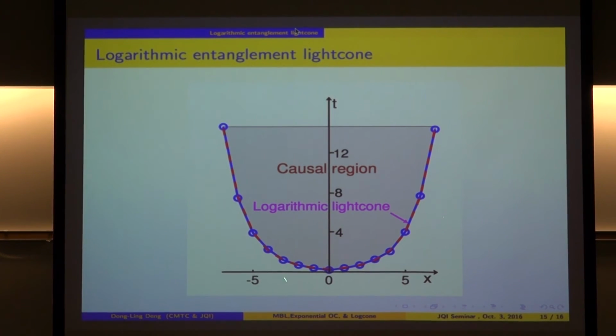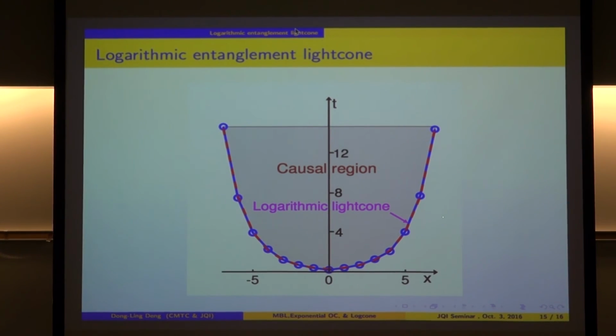Okay. So I want to emphasize that our result is derived directly from the numerical data. So there is no assumption. And also, as shown here, the entanglement has a logarithmic growth. That means the information is indeed spread out over the whole system.